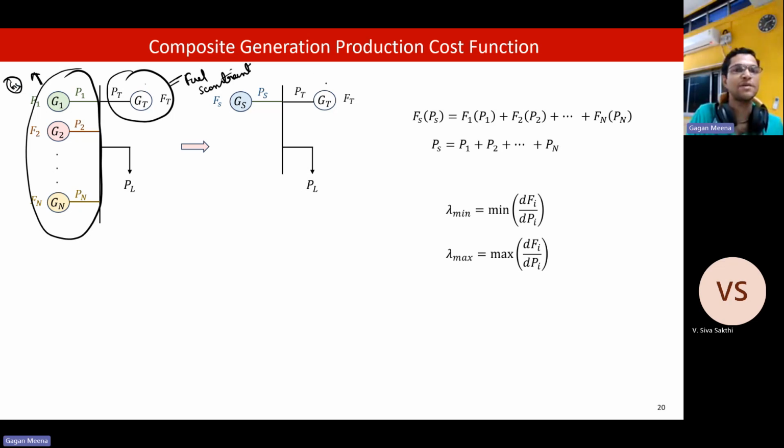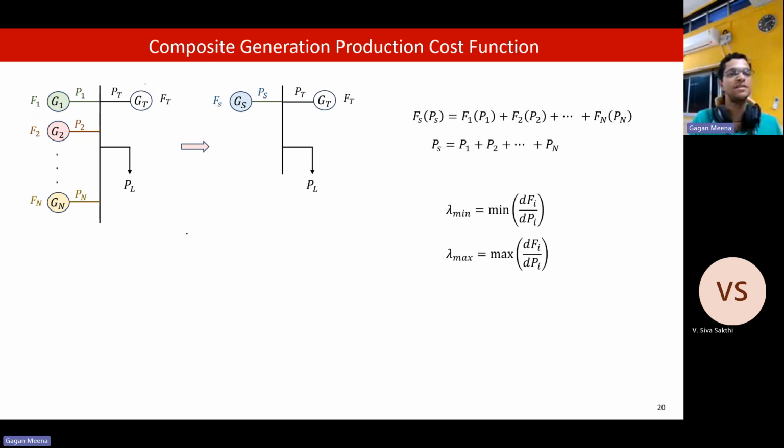And then the resulting problem will be only a two-generator problem. So in this way we can reduce the dimension of the optimization problem. The sum of these cost curves is the overall cost curve, and PS will be the sum of these generators.